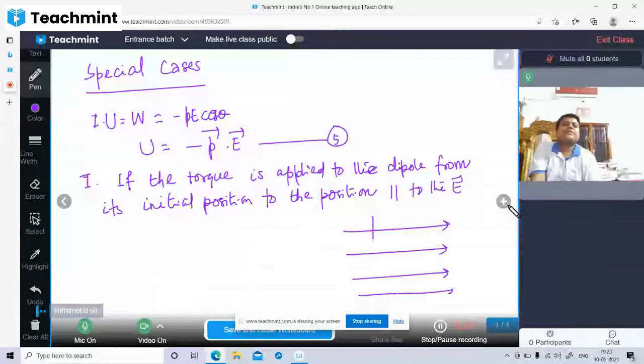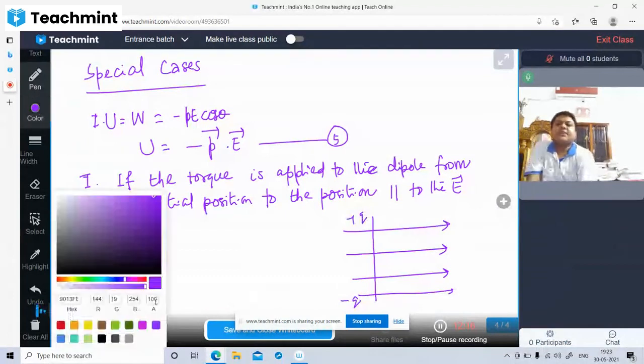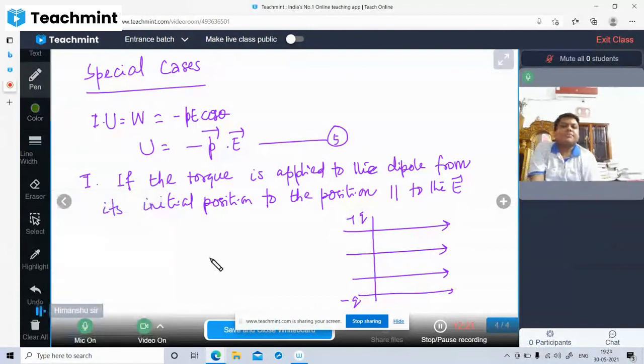It is the position, and now minus Q, plus Q. Now it becomes like this. Change the color, that will be better understood. Now it is parallel to the electric field, minus Q, plus Q. Parallel to the electric field.